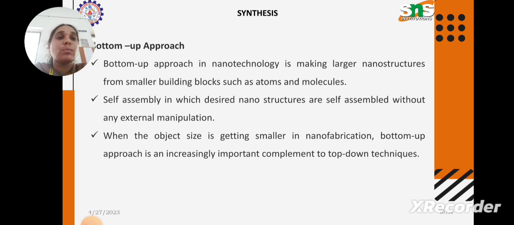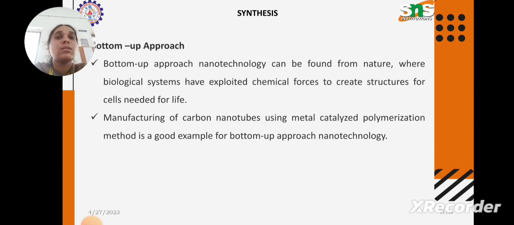The bottom-up approach can be found in nature, where biological systems have exploited chemical forces to create structures for cells needed for life. Manufacturing of carbon nanotubes using metal catalyzed polymerization is a good example for the bottom-up approach.